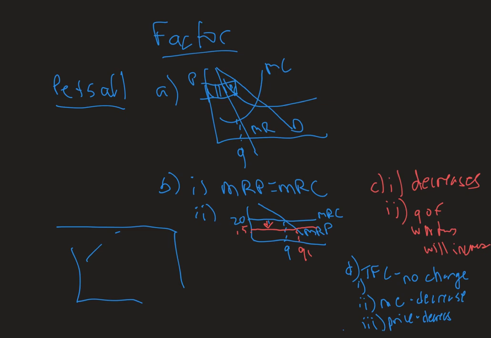And I can actually use the monopoly graph that I have up here, forgetting some of this right here. Kind of get rid of that, sorry. If we go to the monopoly graph up here, the marginal cost curve is decreasing, right? The profit maximizing quantity was perhaps say Q1.